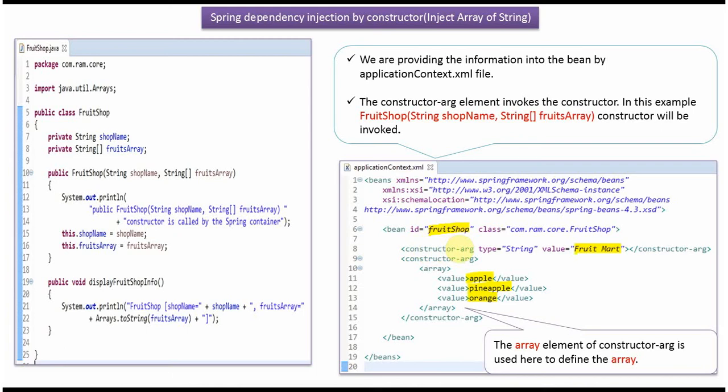The constructor-arg element invokes the constructor. In this case, this constructor will be invoked by the Spring container, and the shop name will be set as fruit mart, and the fruits array will be set as apple, pineapple and orange. The array element is used to define the array.